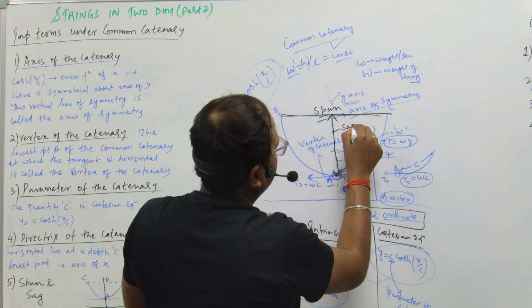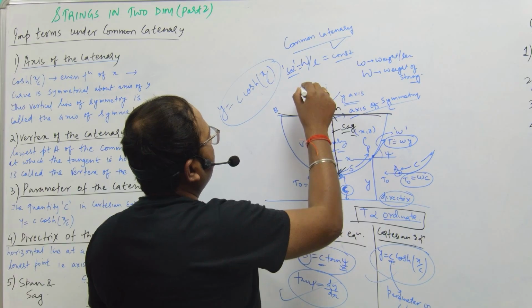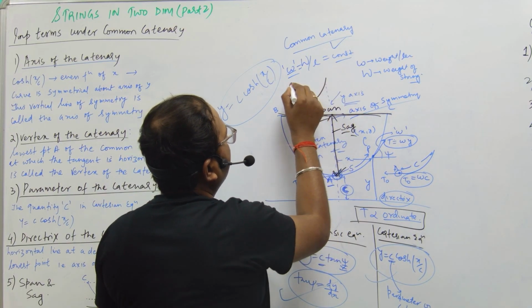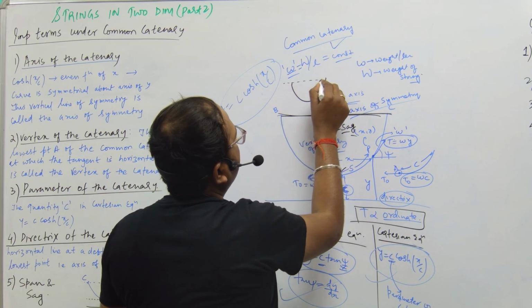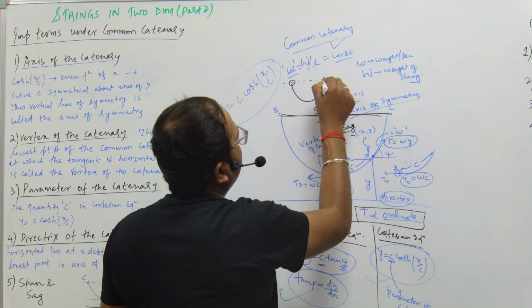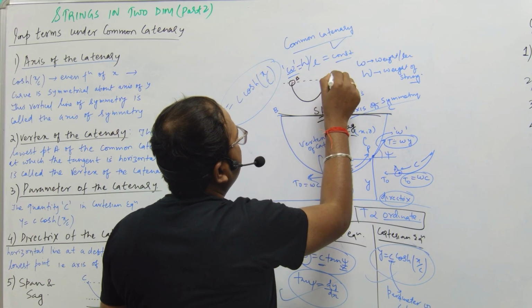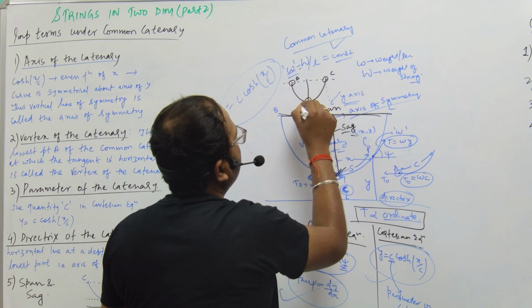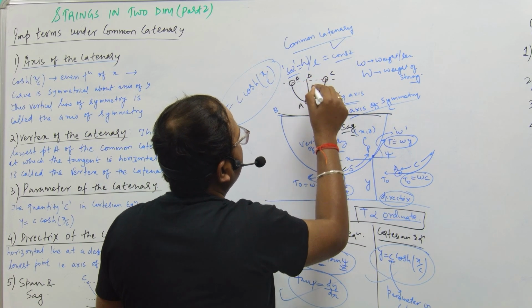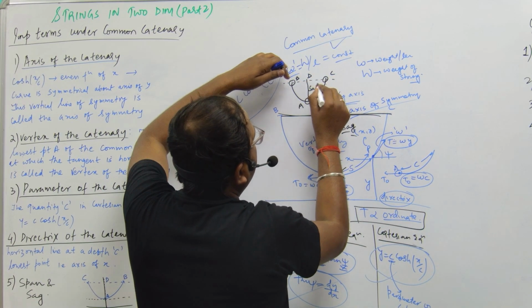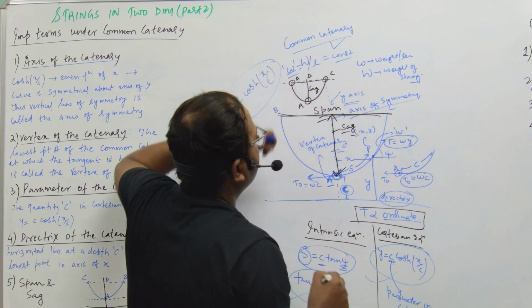Suppose this is our catenary, and this is the horizontal, and these are the 2 points where the string is tied. This is B and C. This is the lowest point, A, and let us take this as D. So this AD is called sag, and this BC is span.